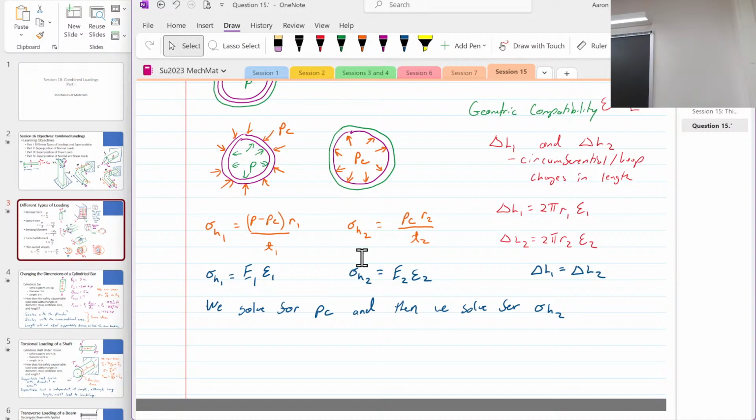That seems to be right. For that one, I got it to be minus 47.